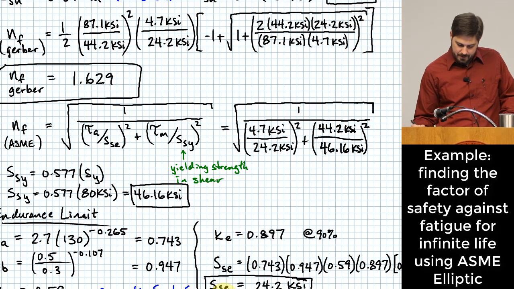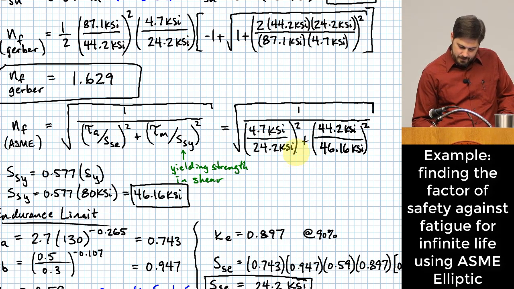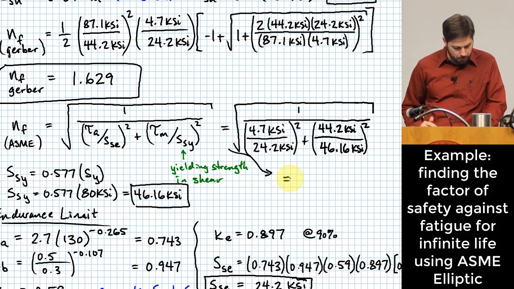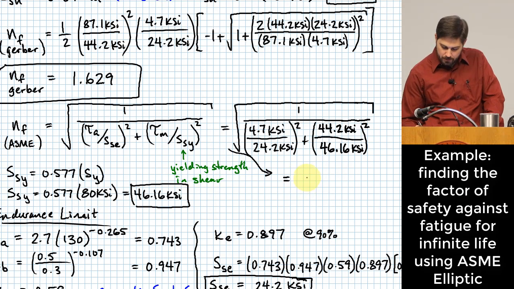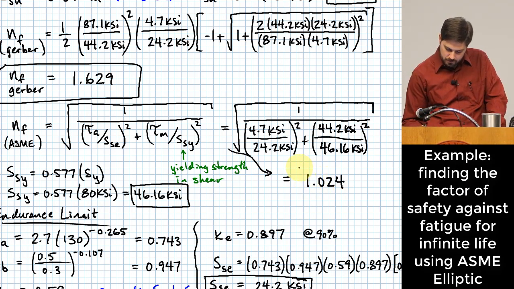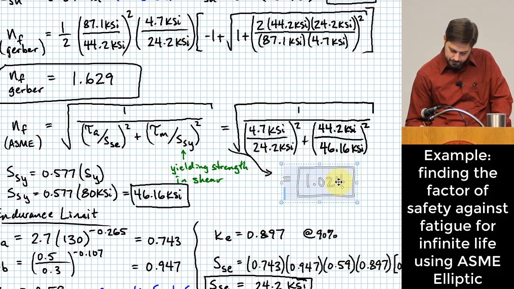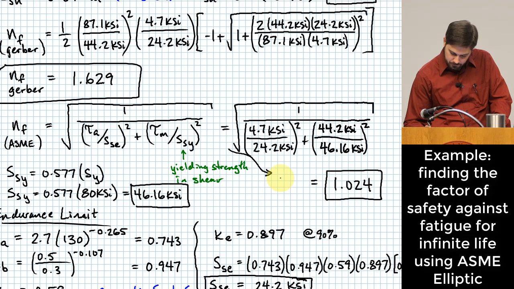And that becomes 1.024. That's for ASME Elliptic.